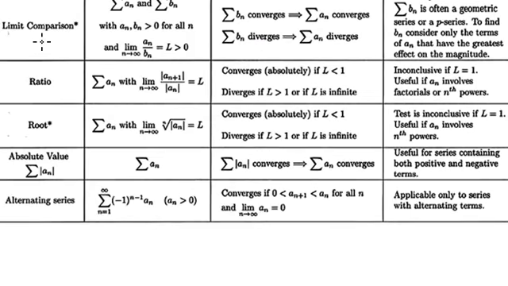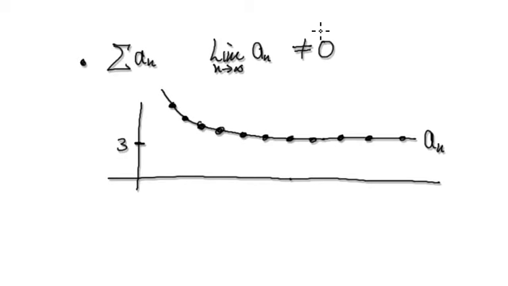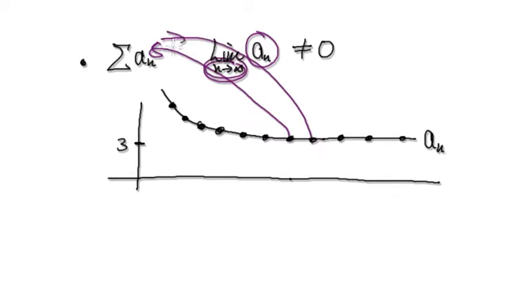So the first test you should perform is to find the limit of this sequence as n heads towards infinity. If it's not zero, for example, if it's like say 3, then as n heads towards infinity, you're going to add 3 to your whole summation, and then you're going to add another 3, and then another 3.